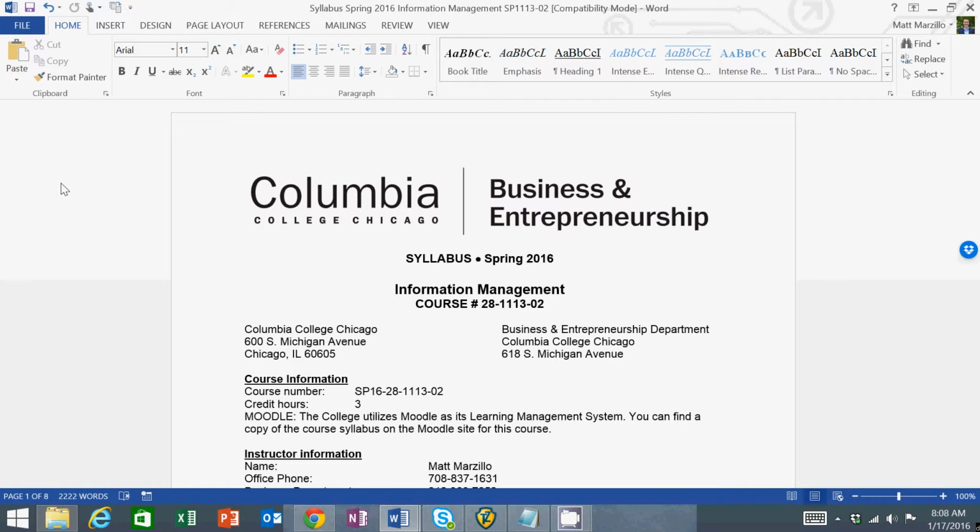But the class is designed to help beef up these business skills, and it helps with making you a more successful professional once you get out of Columbia, or even while you're here, doing internships and things like that. So again, it's going to be largely Excel with a little bit of Word at the beginning and some PowerPoint. But that's really the main focus of the course.